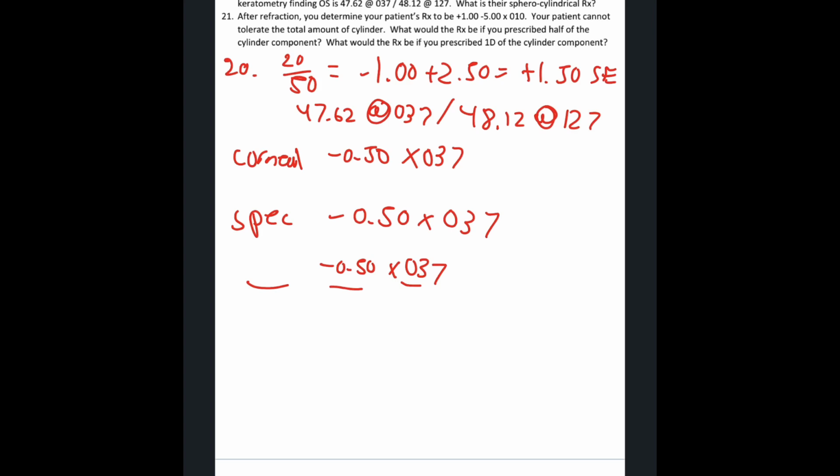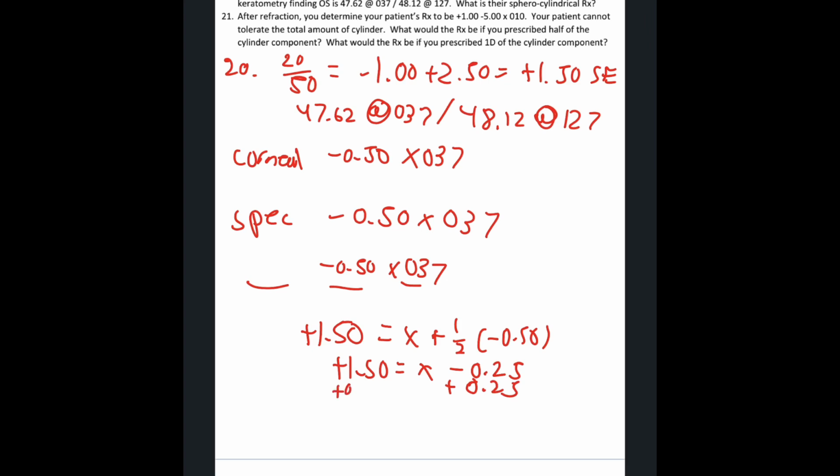So the spherical equivalent is plus 1.50 equals our sphere plus half of minus 0.50. So plus 1.50 equals x minus 0.25. And we add 0.25 to both sides, and we end up with plus 1.75 equals x. And so that's our sphere.